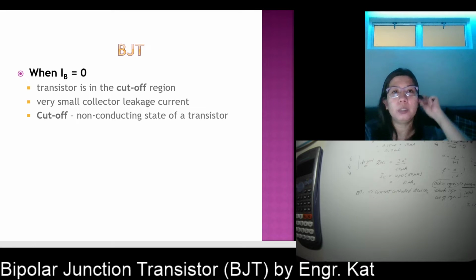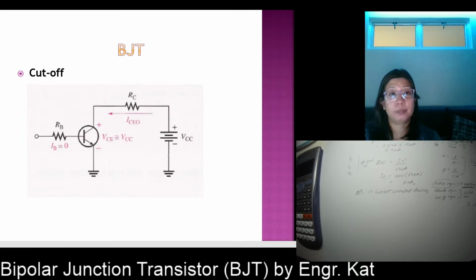We call that very small collector current your leakage current. At cutoff, your VCE is approximately equal to VCC. That means we don't have any drop at RC, so your VCC is equal to your VCE.